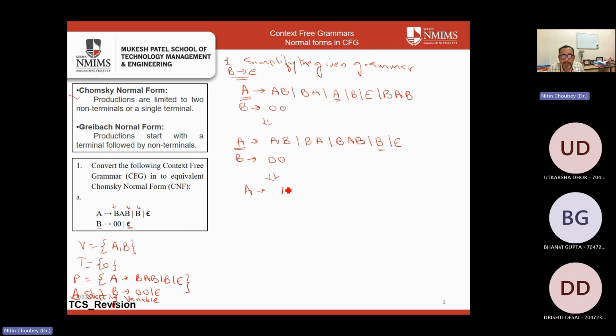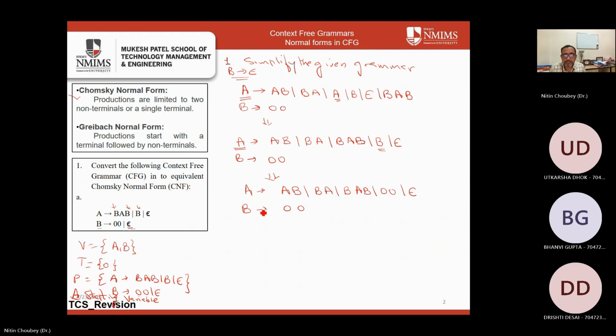A gives AB | BA | BAB | 00 | epsilon. Further, B gives 00. So this is the equivalent production for the grammar after removal of unit productions.